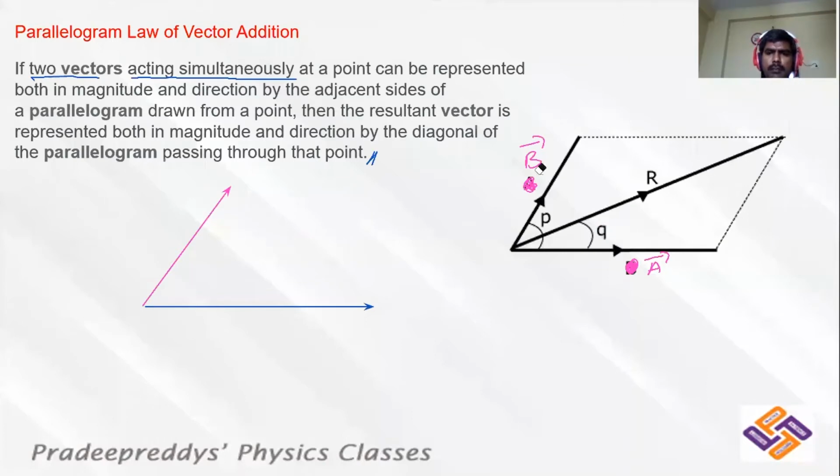Now let me consider one vector B bar and another vector A bar. These two vectors are inclined by an angle, and both of them are starting from the same point.